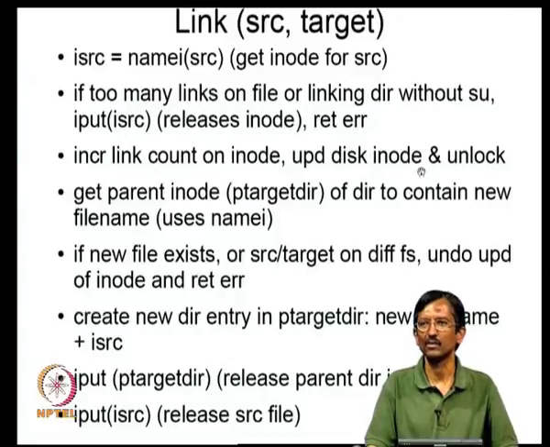Therefore, it can reset the link count to exactly 1. So as long as we assume that there is an FSCK which can track every single pointer on disk and count the number of references, this is a safe thing to do.